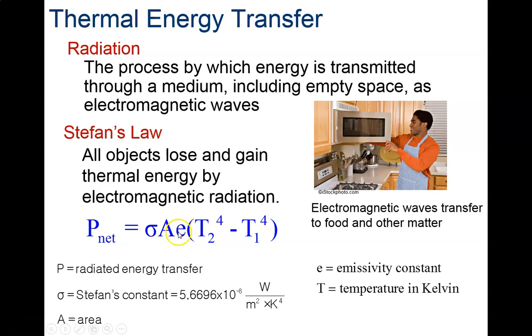This is e, the emissivity constant, which basically depends on what the substance is that's radiating the heat. So it might be your skin, or the wood of a fire, or whatever. This is the temperature of the object, and this is the background temperature, or the ambient temperature.